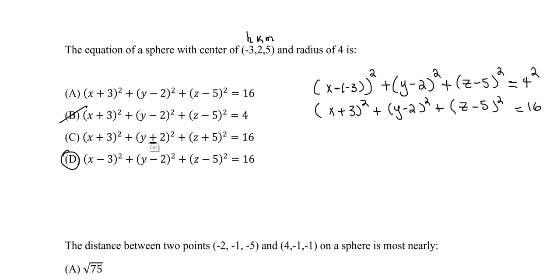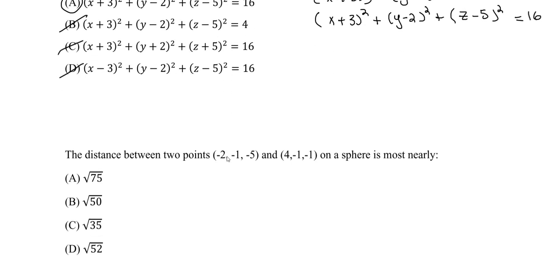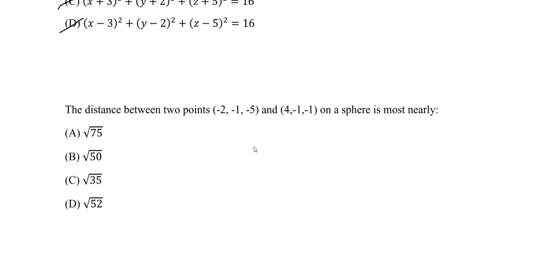Because this is y plus 2, so this is out. This is x plus 3, so we need that, so it's going to be A. This is x plus 3, but y here is plus. This is y minus. That's right. This is x minus 3, which is incorrect. So the correct answer is A. That was easy. Use the equation. It should take you a minute, maybe 2 minutes.